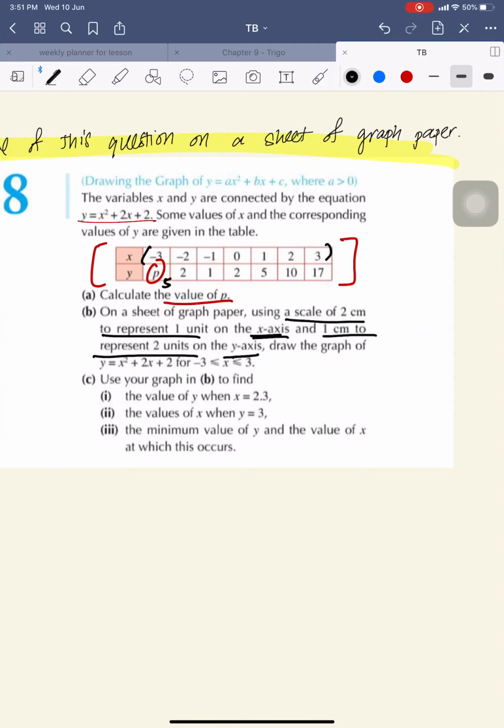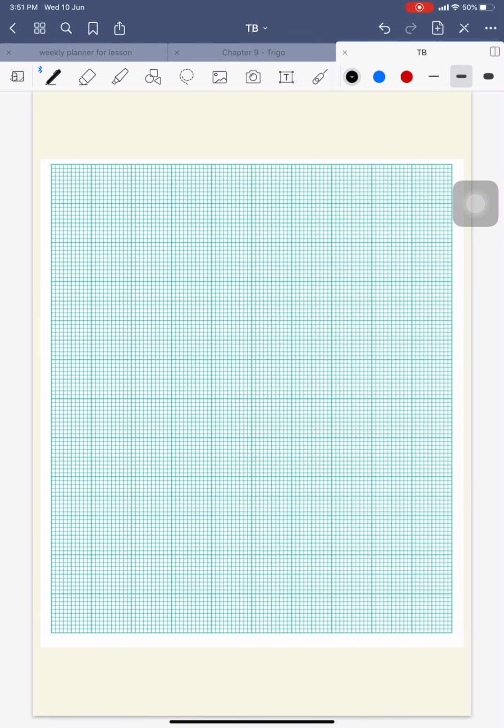So it must be balanced. If I put my y-axis here, do you have enough space for up to 3? No. So what do you have to do to your y-axis? You have to shift your y-axis to the middle of the graph paper.